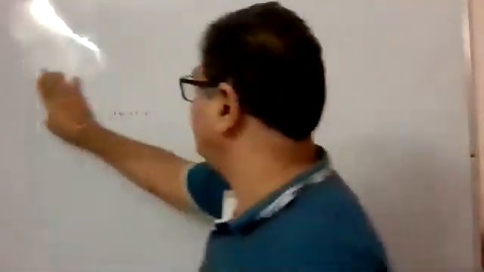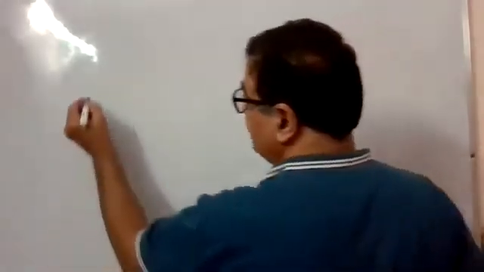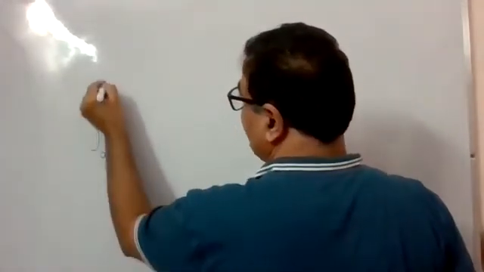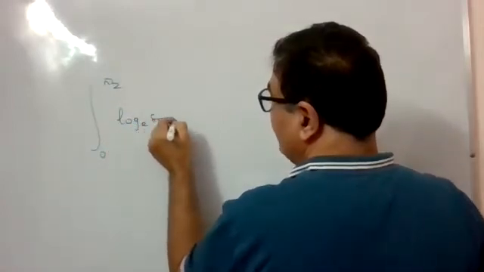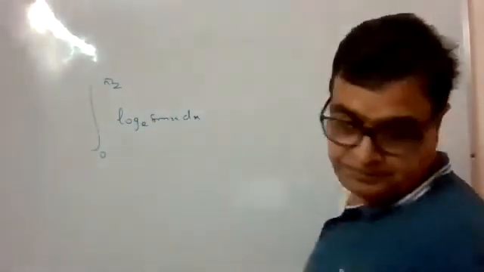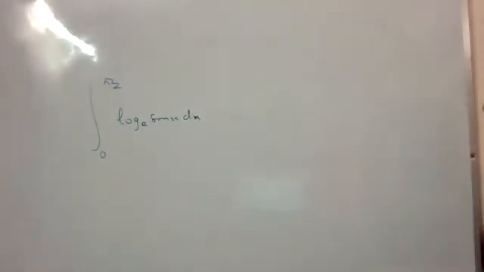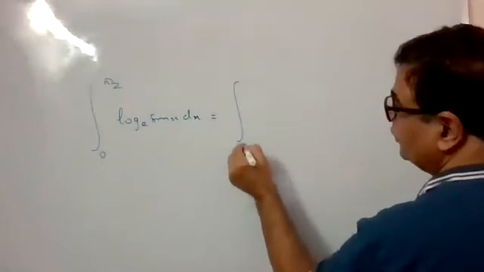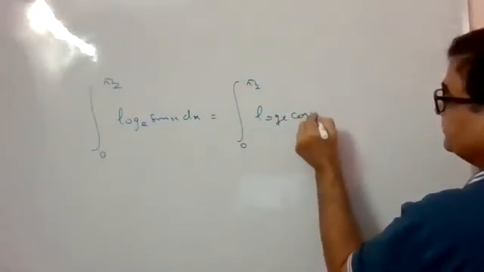Integration 0 to pi by 2 of log sin x dx. We have to find out the value of this, or we can ask this as 0 to pi by 2 of log cos x dx.